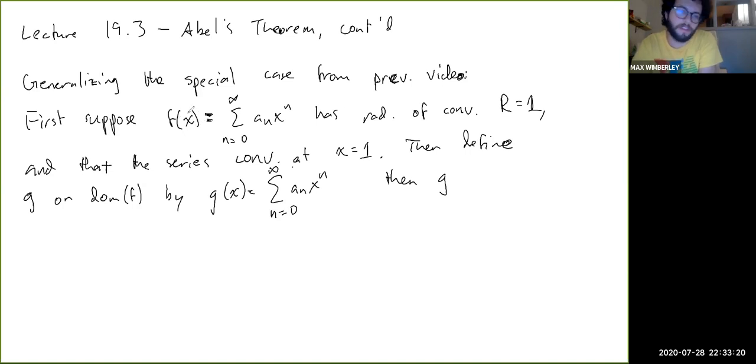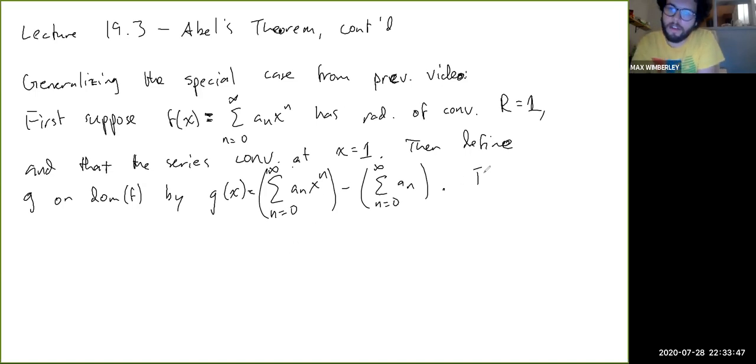You can say f converges if you want. It's just a little bit more kosher to say that the series converges. So then define g of x to be the series minus the sum from n equals 0 to infinity of a_n.